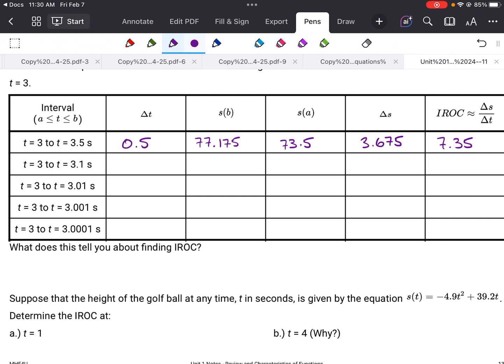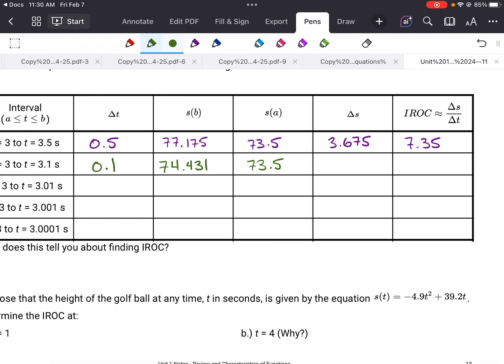If we did 0.1 seconds, so a difference of 0.1, that's our denominator. Plug in 3.1, we get 74.431. We still have our 73.5, giving us a numerator difference of 0.931. And when you divide it, you get an IROC of 9.31.